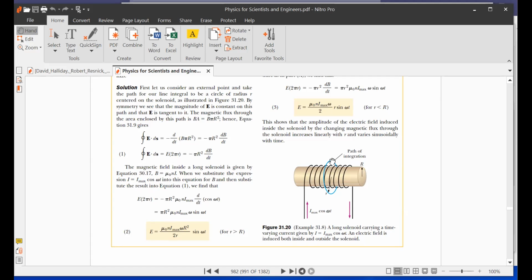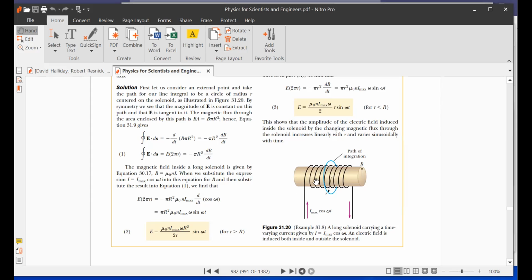Oh, okay. So it's like many loops. Yes, but we only take one loop, because we have cylindrical symmetry in this case.